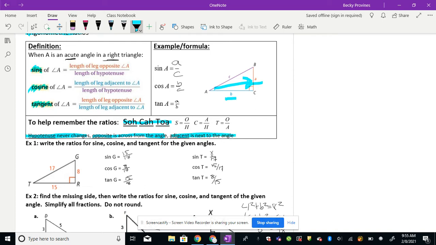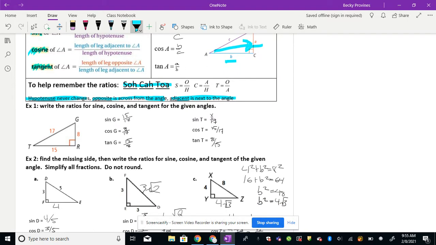So for example 1, we're going to write the ratios for sine, cosine, and tangent of each of the given angles. Starting with the sine of G, sine, if we refer back, is opposite over the hypotenuse. So we have the side opposite G, which is 15, and then 17, that's across from that right angle.